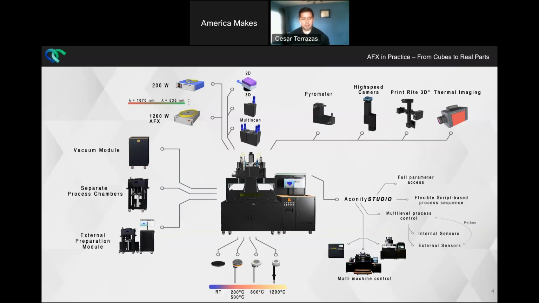We have different lasers that can be attached to our systems, different monitoring options, and then you can also purchase extra modules, let's say separate chambers that can be used for improving productivity and processing times. All of these while having Aconity Studio, which is the internal solution that we have for controlling every single one of the modules that are attached to our systems.